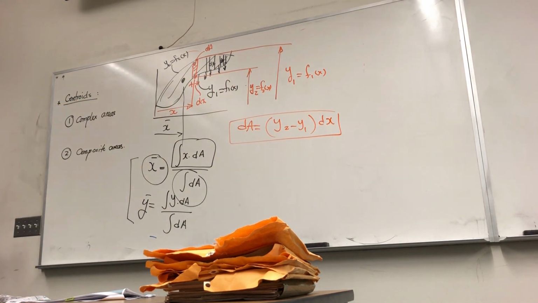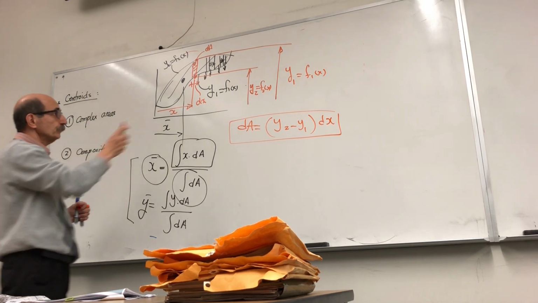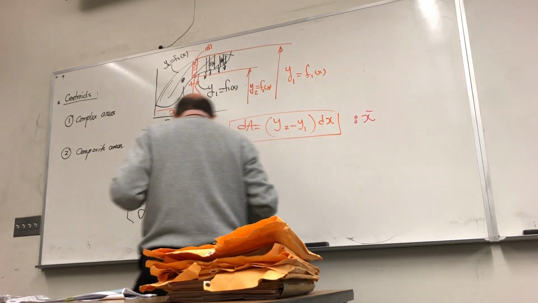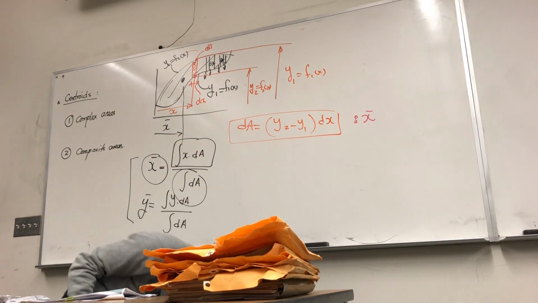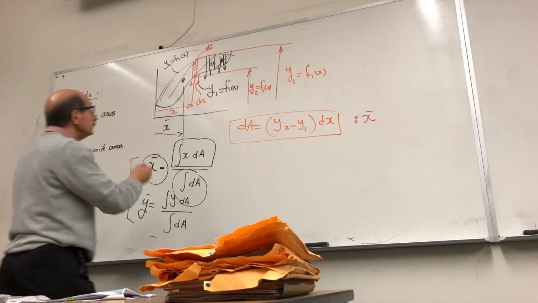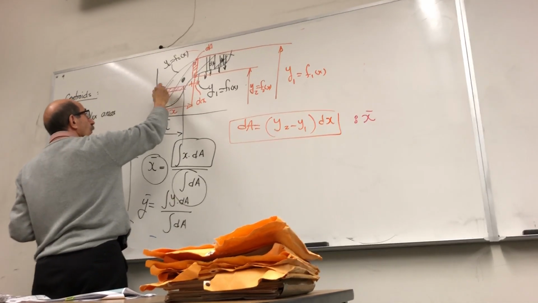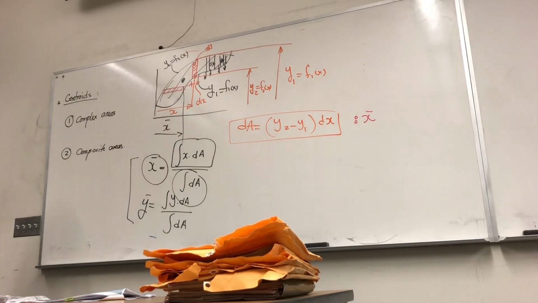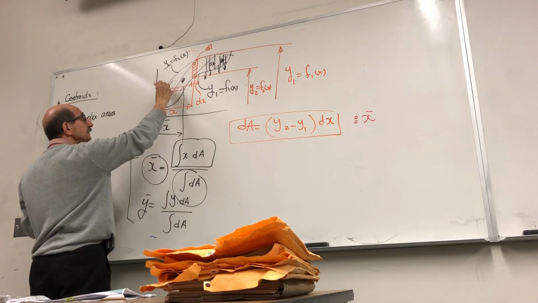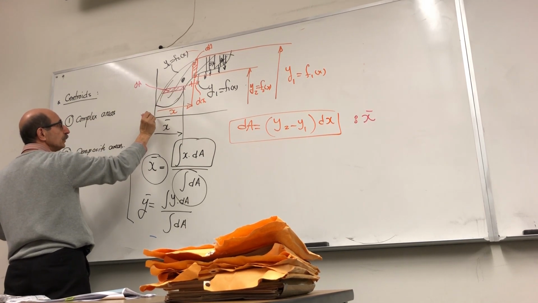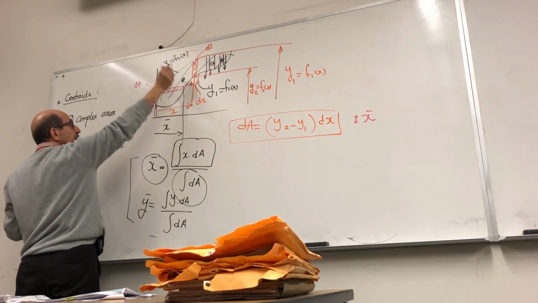So that's what you do for finding x bar. For y bar, you consider a differential area whose sides are parallel to the x-axis. In other words, this dA varies from here, the lower bound, to the upper bound, okay?